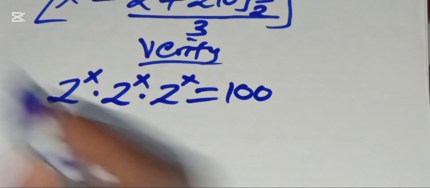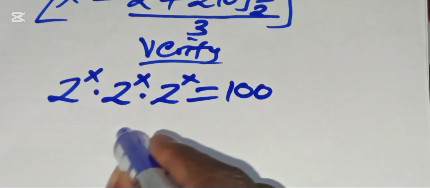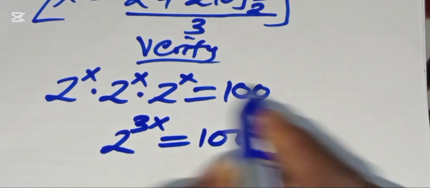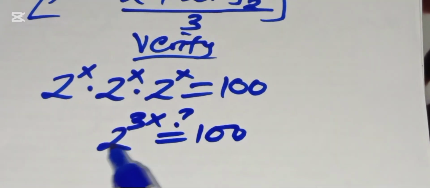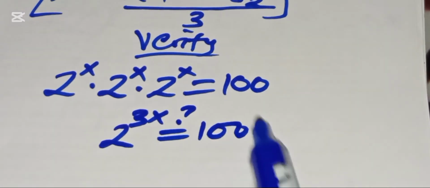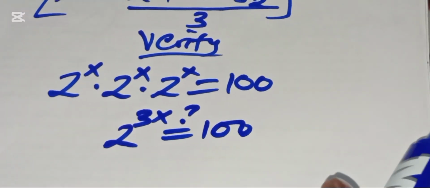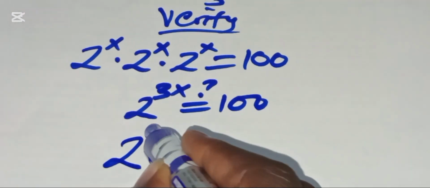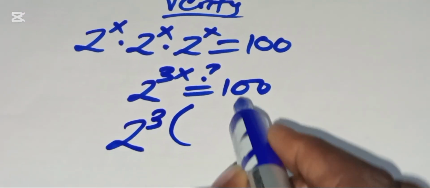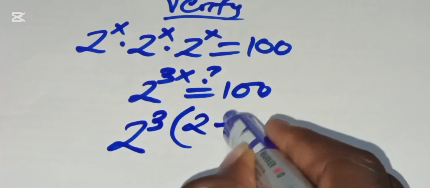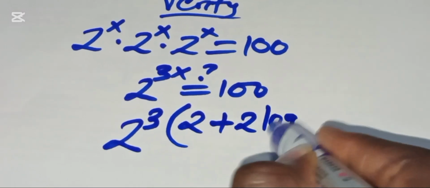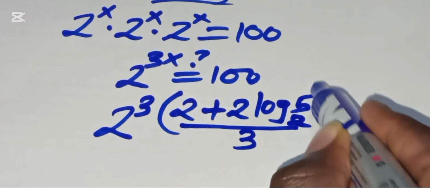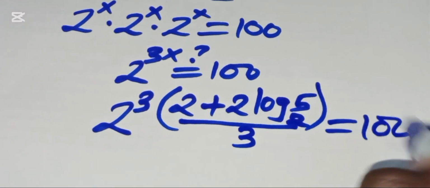We simplify this further to 2 raised to power 3x, which is supposed to give us a value of 100. Now, let's substitute the value of x. We have 2 raised to power 3 times, in parentheses, 2 plus 2 log 5 to base 2, divided by 3. This should give us a value of 100.